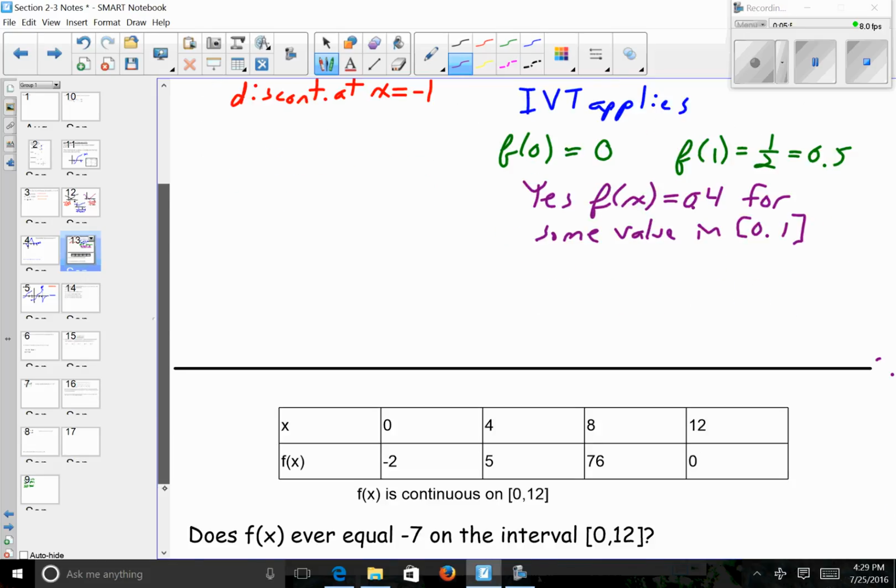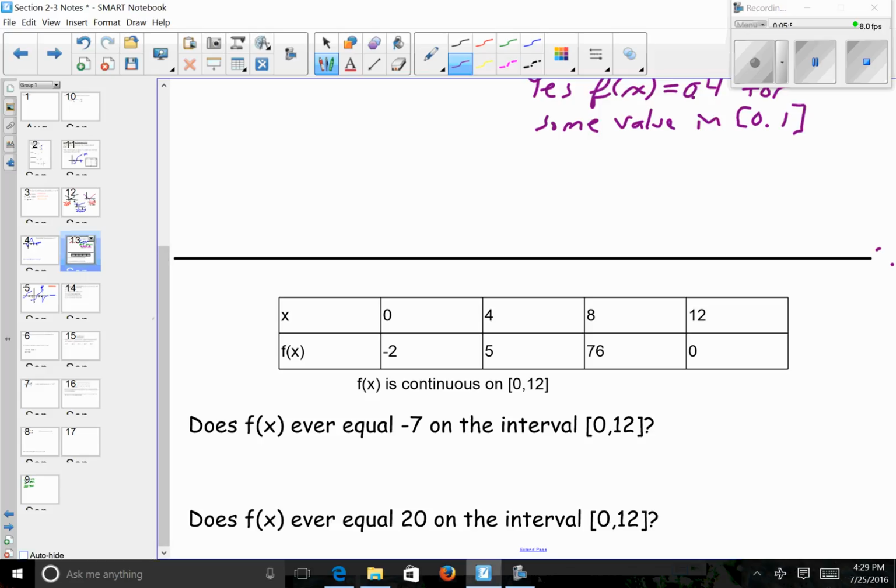If we look at a tabular way of doing this, here I'm not actually given an equation for f, but I am given some values for it. And most importantly, I am told f is continuous. So IVT does apply for the entire interval that this table covers.